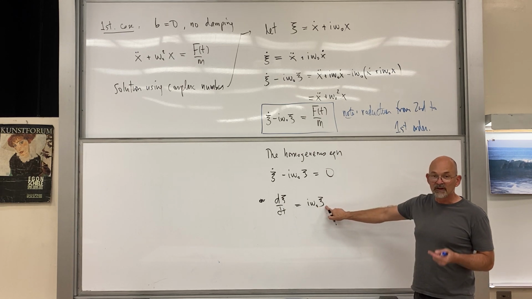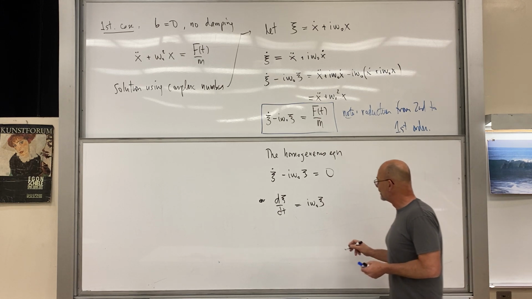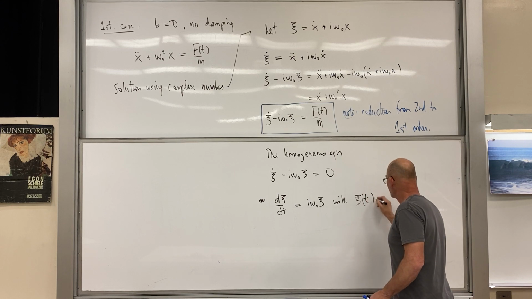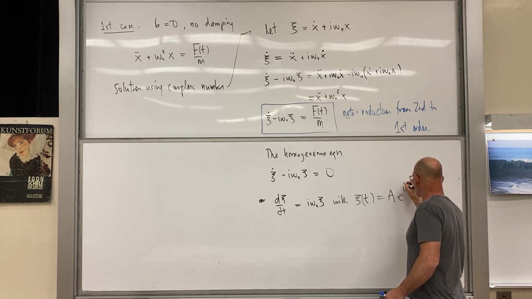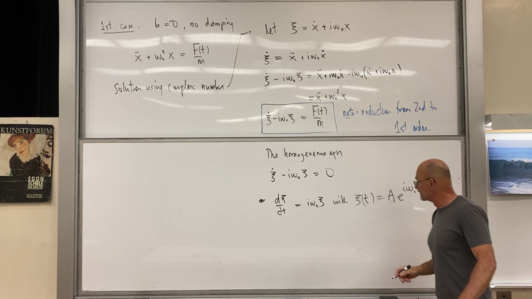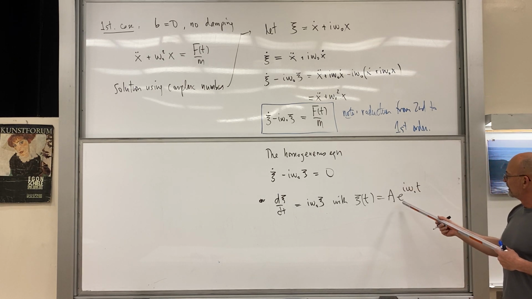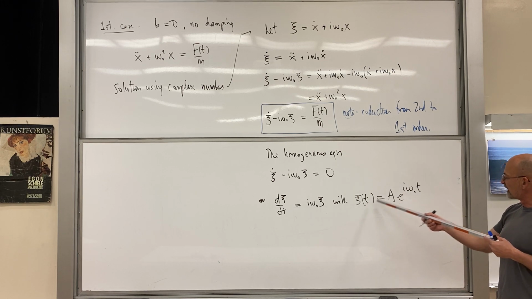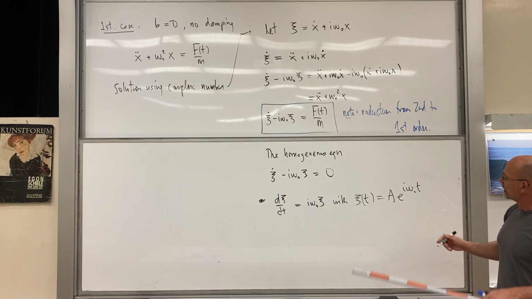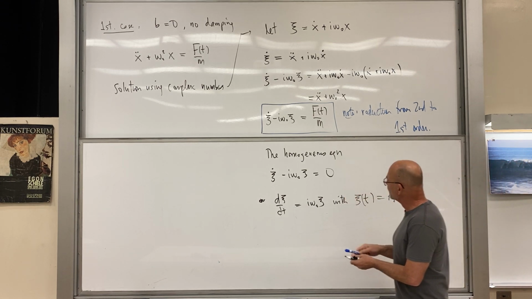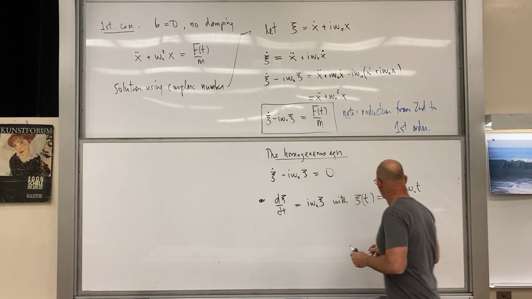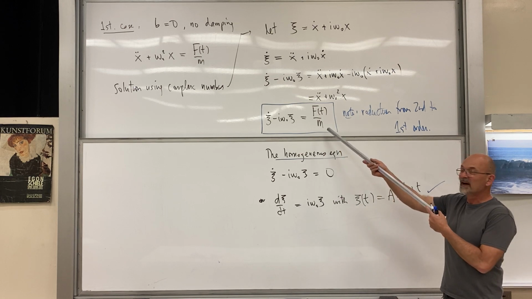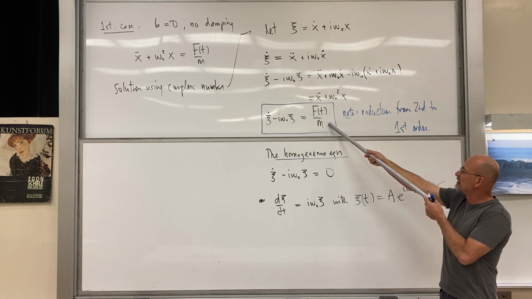The general solution is a complex exponential with C of t is equal to a e to the i omega naught t. Okay, that makes sense? If I take the derivative here, bring down i omega naught, and then i omega naught times the original. So we immediately know that for the homogeneous equation, we would be done. Of course, that's not what we're actually here for. We have to do the inhomogeneous equation.